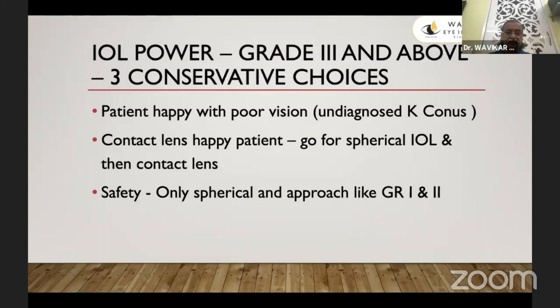Contact lens happy patient. That means keratoconus is known, but with a contact lens the patient is having really good vision. And third is safety. The situation is so awkward that it is very difficult to decide what to do. In all these three, we must go for a spherical IOL, and then contact lens if required.